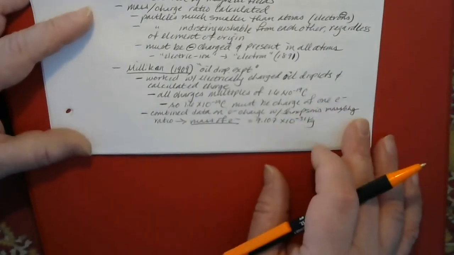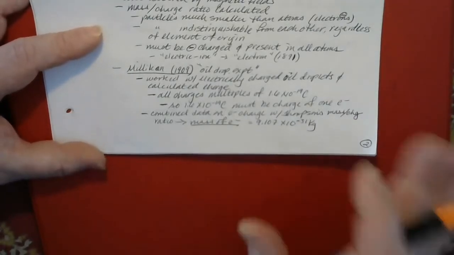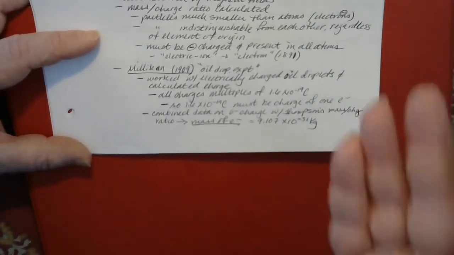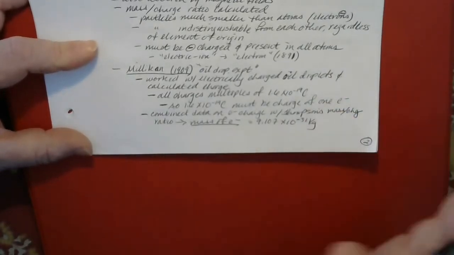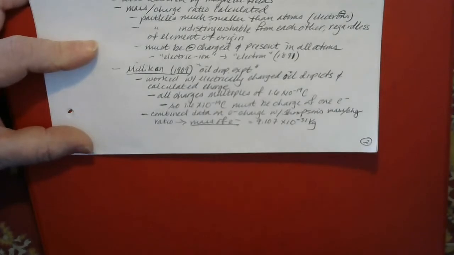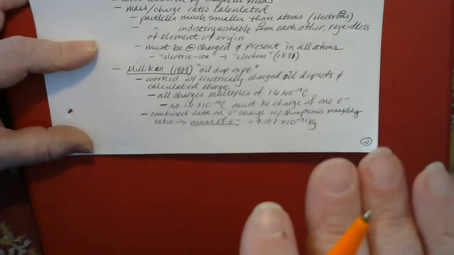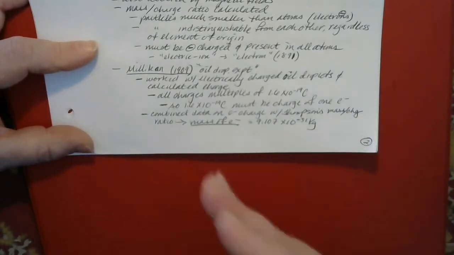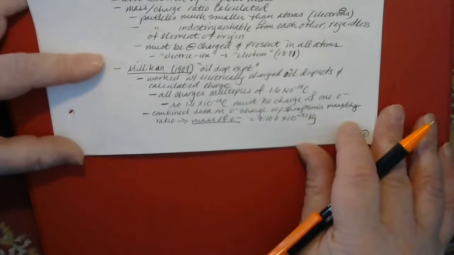Naturally, if there's no electric current applied to the plates, the oil droplets would just fall because of gravity. But he found that if he applied an electric current to the plates on either side of the container, he could slow the descent of the oil droplets or even reverse it. That was because the electric charges on the plates were interacting with the electric charges on the oil droplets.